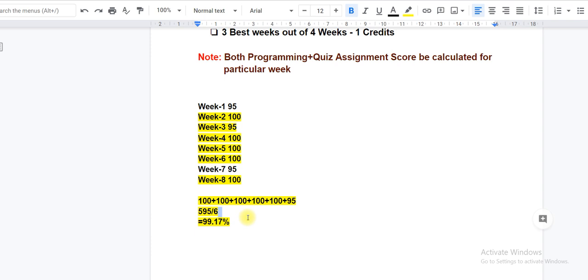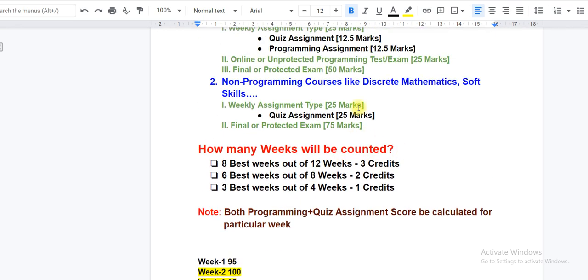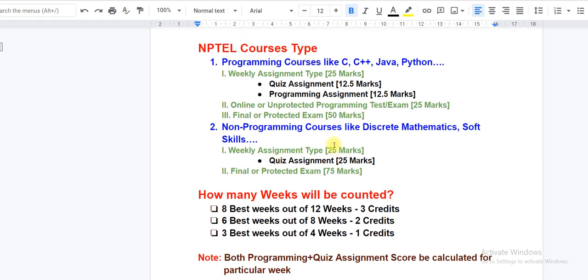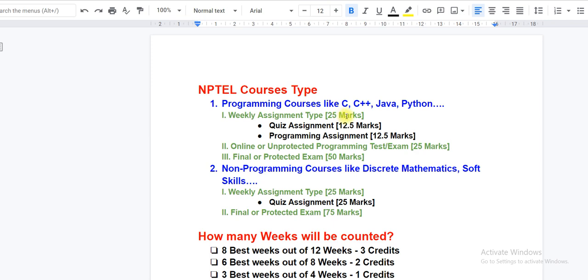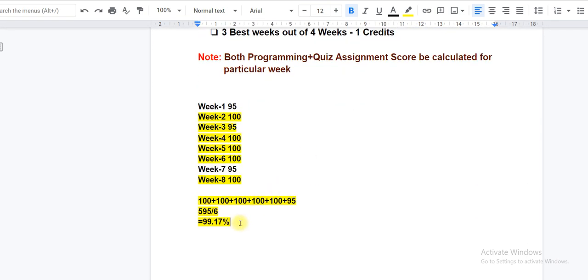Okay, now we are going to get 99.17% of the assignment score. So what is the assignment score? 25. For all courses you can see here the weekly assignment score is 25. So our score is going to be 99.17% of 25, right?